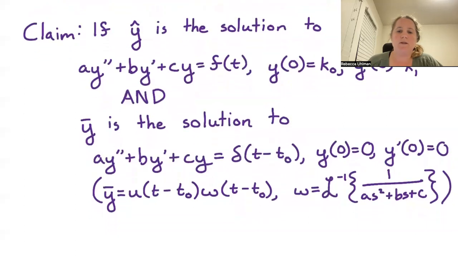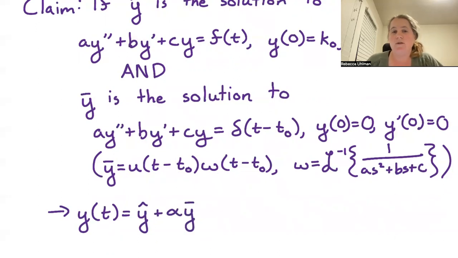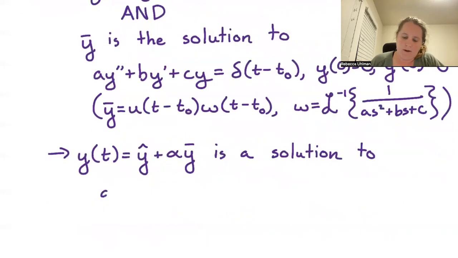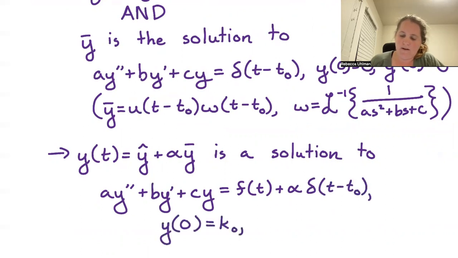Then if we're in this situation, y(t) equaling ŷ plus α times ȳ is a solution to the original IVP, ay'' + by' + cy = f(t) + α δ(t − t₀), with initial conditions y(0) = k₀ and y'(0) = k₁.